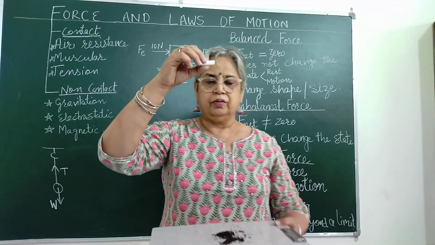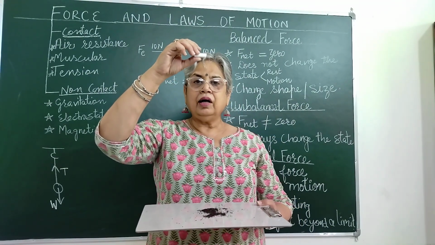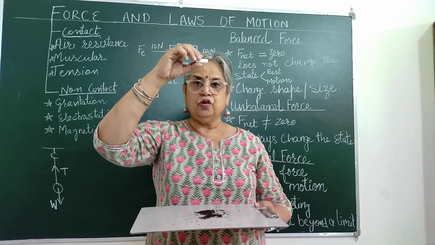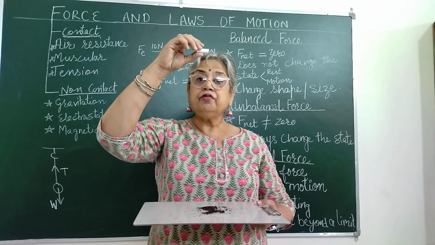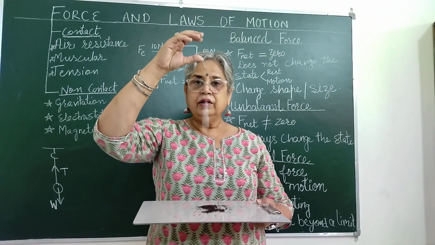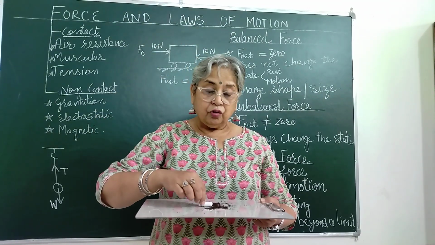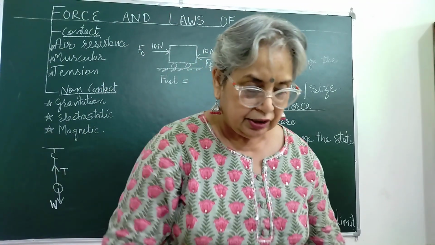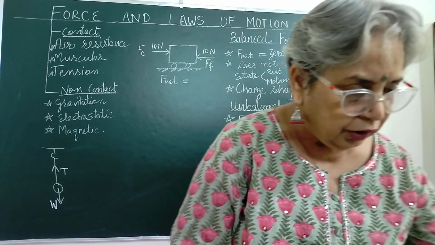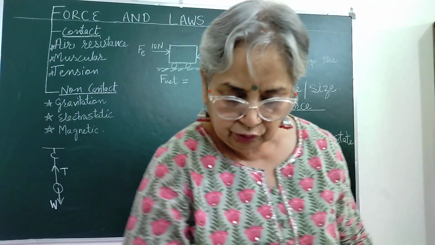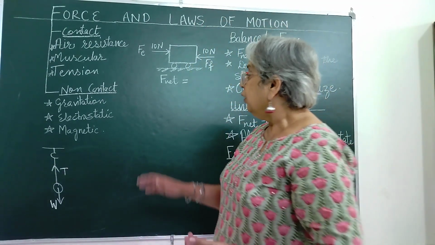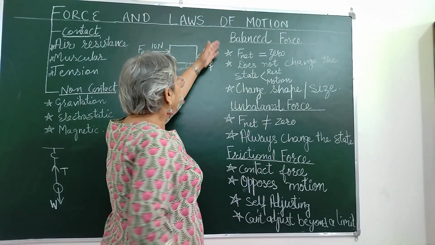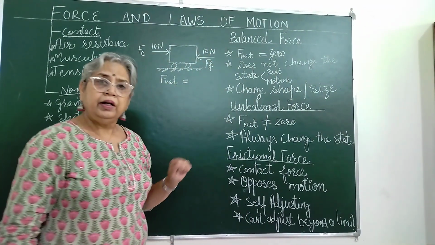Now see this chalk. I am holding it, applying force against gravity. If I stop applying force, then it falls down. So this force is acting from a distance, gravitational force. So this is a non-contact force.